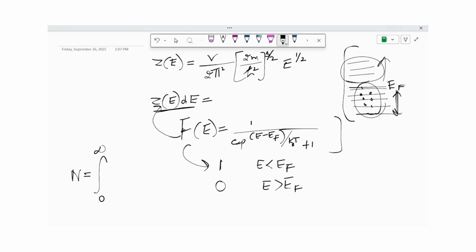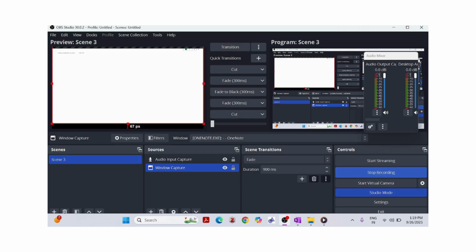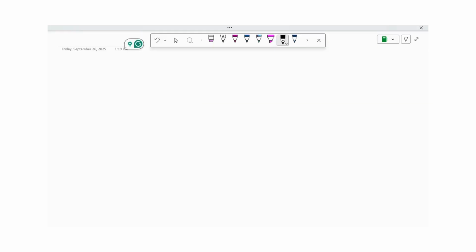That means if I multiply this function with this Z(E)dE, I will get the information about all the energy states, and the total number of electrons N will be now the integration from 0 to infinity of Z(E)dE f(E). Why 0 to infinity?